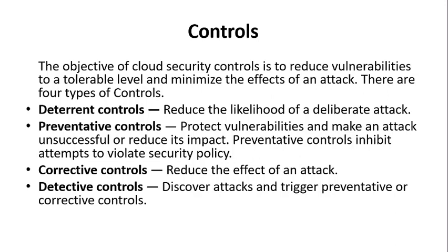Deterrent controls reduce the likelihood of deliberate attack. Reducing the likelihood means the number of times the user can attack the system has to be reduced by applying the deterrent controls. And ultimately, the data or the process in the system cannot be attacked.